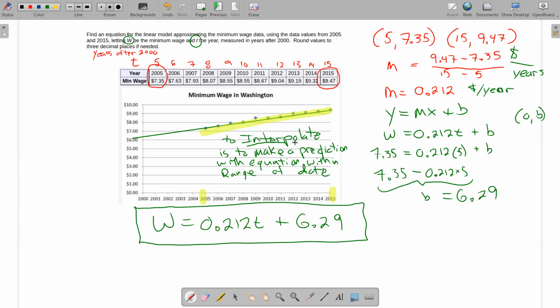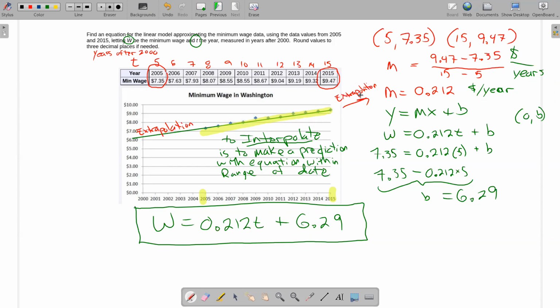When you try to use your model to predict outside of the range of the data, that's called extrapolation. So if I were to use the model to predict for some year less than 2005, that would be an extrapolation with this equation. And if I used it beyond 2015, that also would be an extrapolation. So to extrapolate means to predict outside the given information.